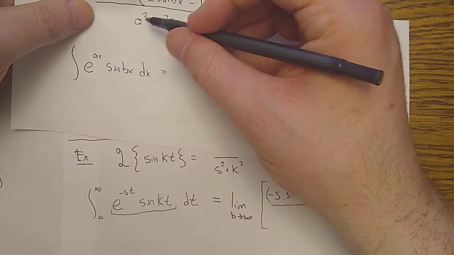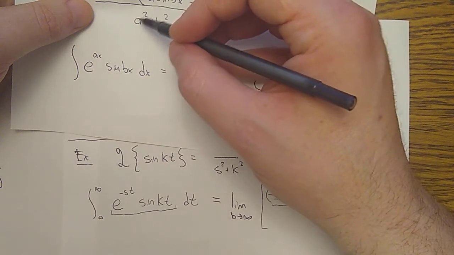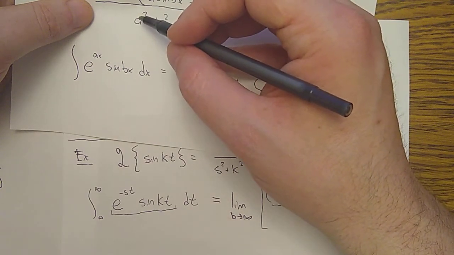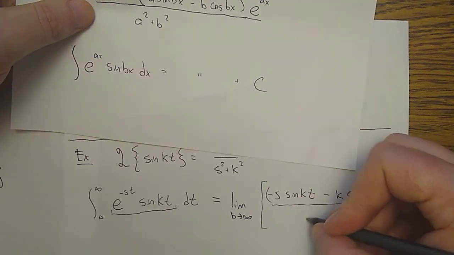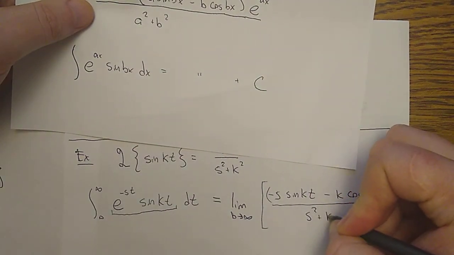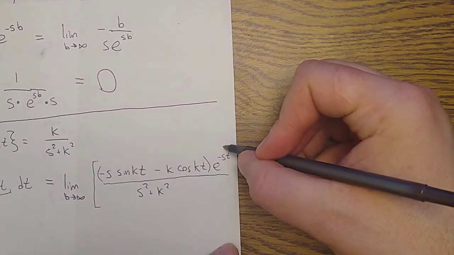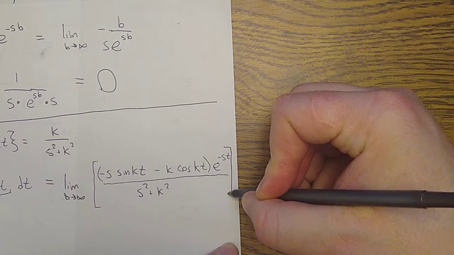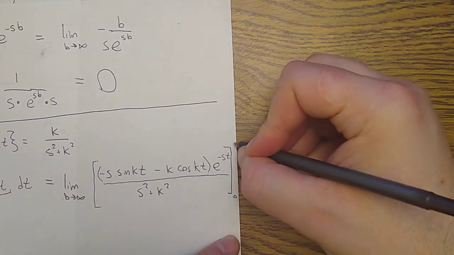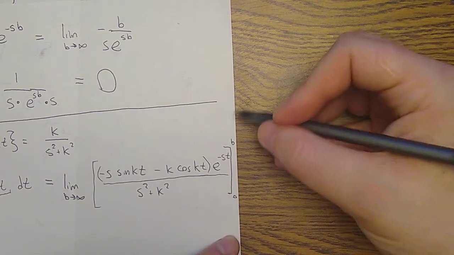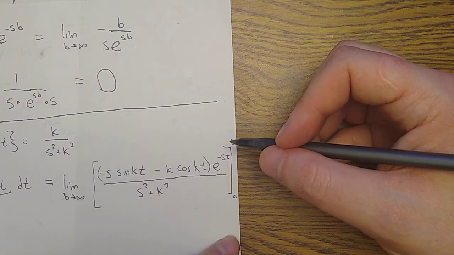On the bottom, I've got a squared plus b squared, so negative s squared is just s squared, so I've got s squared plus k squared on the bottom. And I put in 0 and b, and those values go in for t.